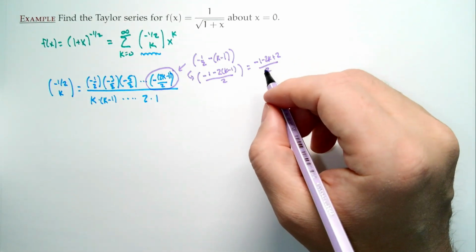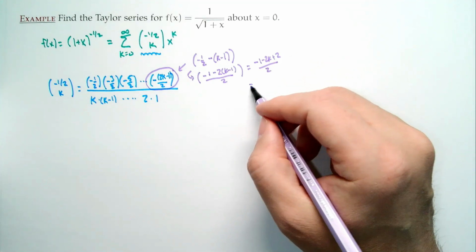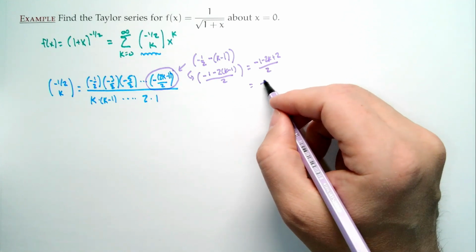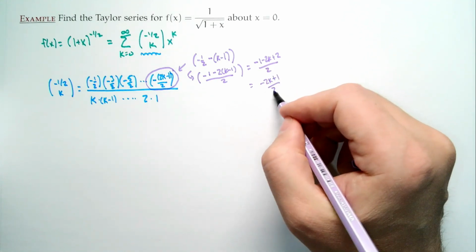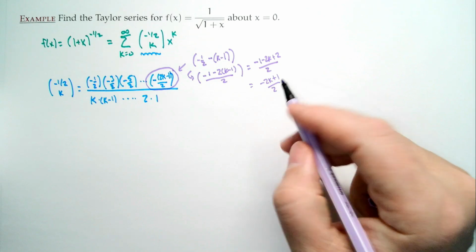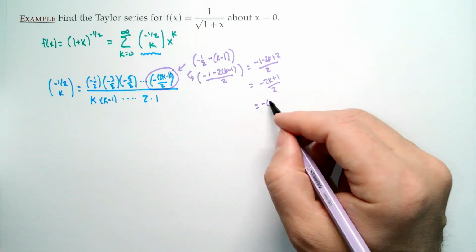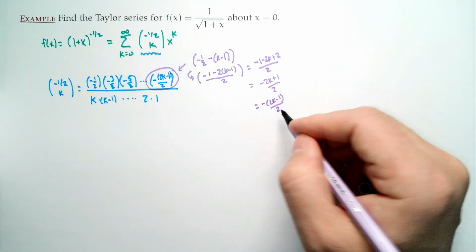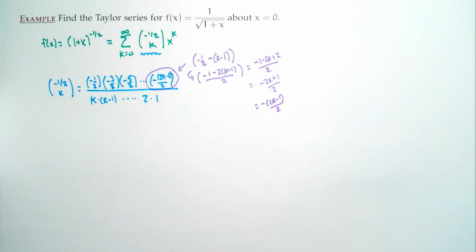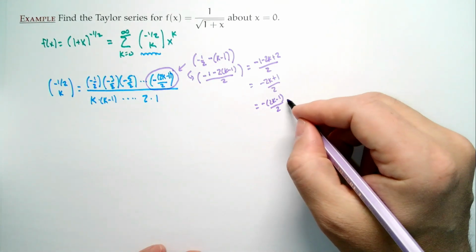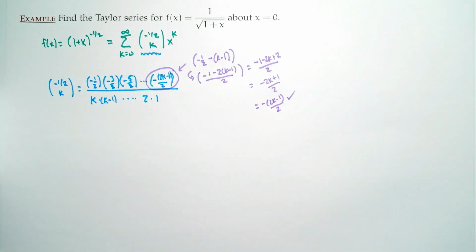And so, which is minus 2k plus 3 over 2. And now, if you factor the minus out, that's minus 2k minus 3 over 2. Aha! Just like what was going. Okay, good, good. So it checks out. Woohoo! Nice, nice. Now, back to work.